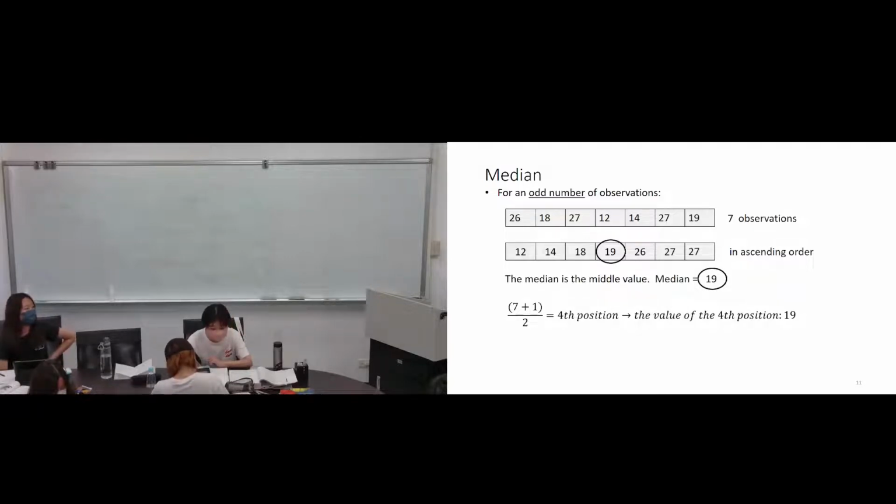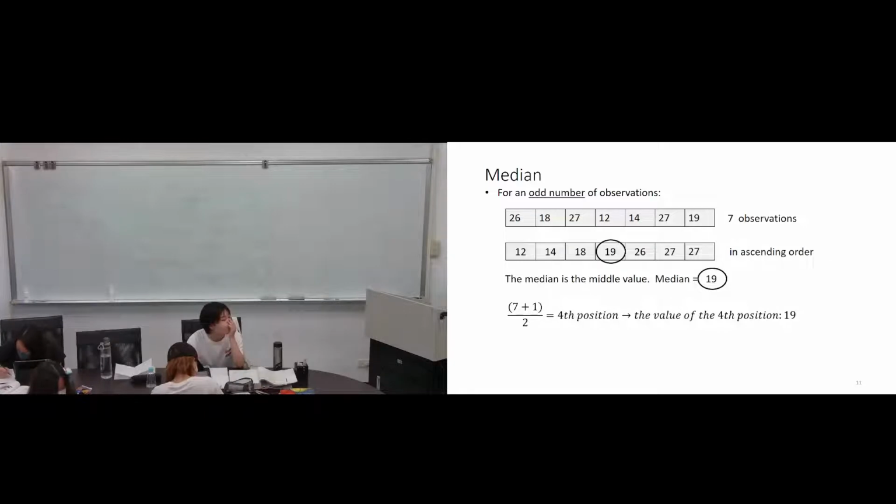There is a formula. Given 7 observations, we add 1 to that and divide it by 2. That's how we find the position of this value. So 8 divided by 2 is 4. The position of the median is 4.